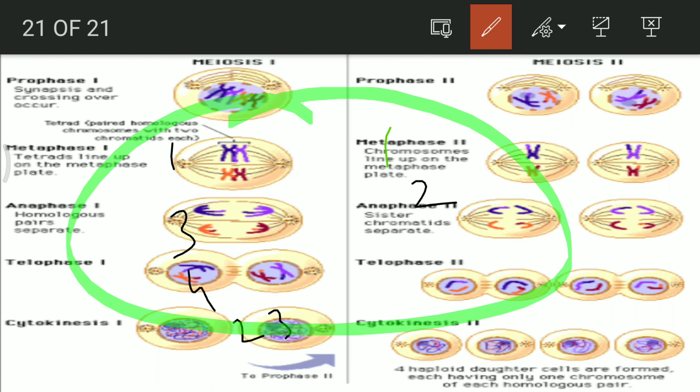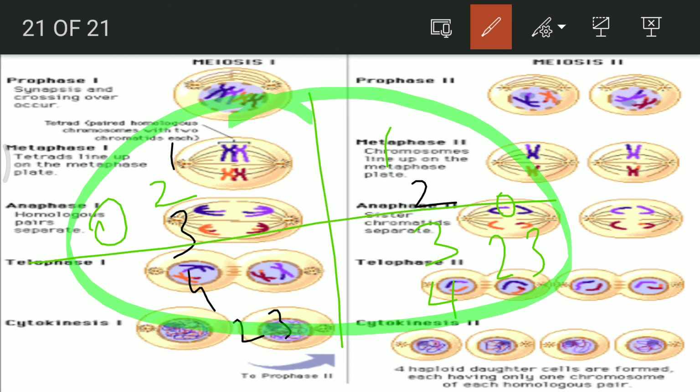Chromosome number 1 of mother, chromosome number 2 of mother, chromosome number 3, chromosome number 4, chromosome number 23. Now you can very well understand. There is no such discrimination that the father's chromosome is only going towards one pole. It can be the father's chromosome or it can be the mother's chromosome. The entire chromosome will move towards one of the poles. So 23 chromosomes will be in one pole and 23 in another pole.